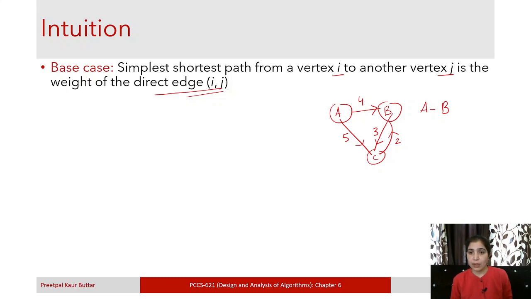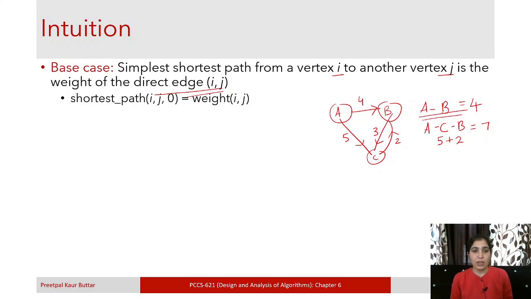So the shortest path is the directed edge. There is a directed edge from A to B whose length is 4. So this is the shortest path. If we take A to C, then C to B, what is the length of this? This is 5 plus 2, and it is 7. So this is the base case, the simplest shortest path.